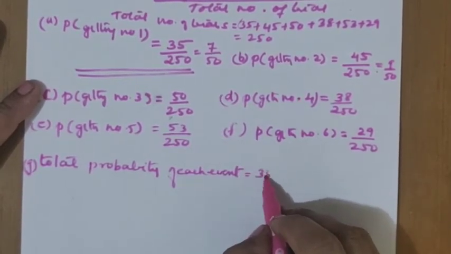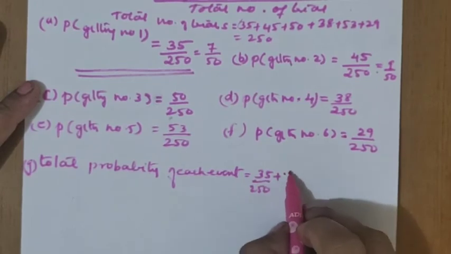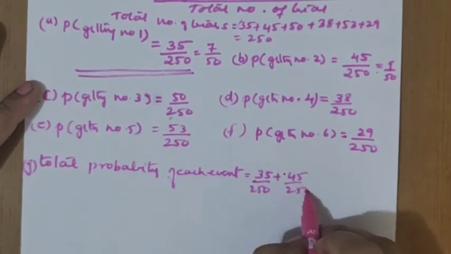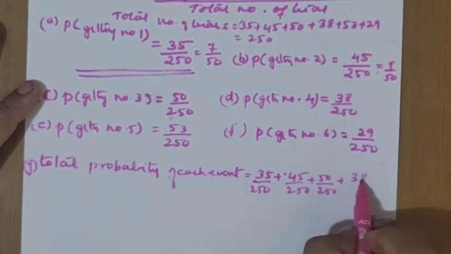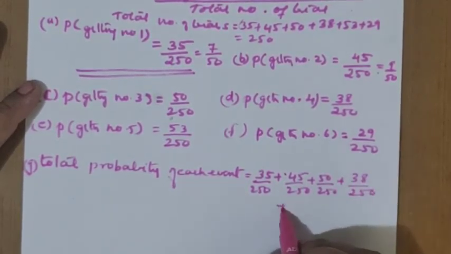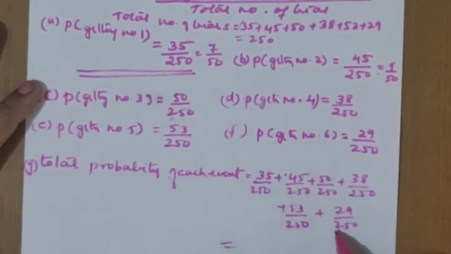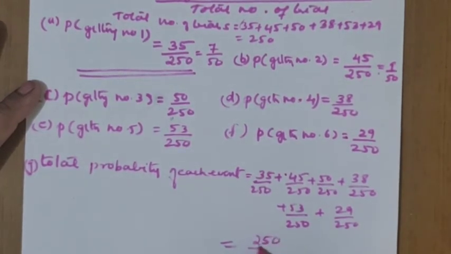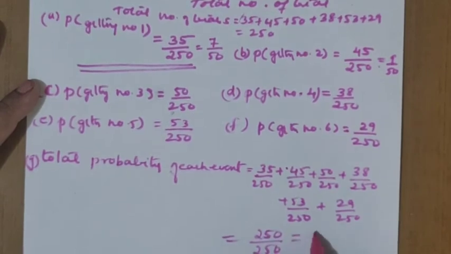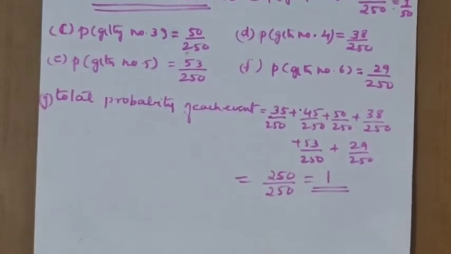That is 35 by 250 plus 45 by 250 plus 50 by 250 plus 38 by 250 plus 53 by 250 plus 29 by 250. You already know that we added these frequencies and got 250. So the numerator is 250, and the denominator is also 250. So what is the total probability for this event? It is equal to 1.